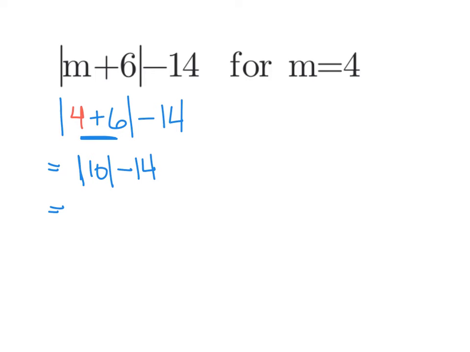With absolute value, it's the distance that number is away from 0. So 10 is going to be 10 units away from 0. Now the grouping symbols are all gone, and we go into our last step, which is just subtracting. 10 minus 14 is going to be negative 4. And that is our simplified value.